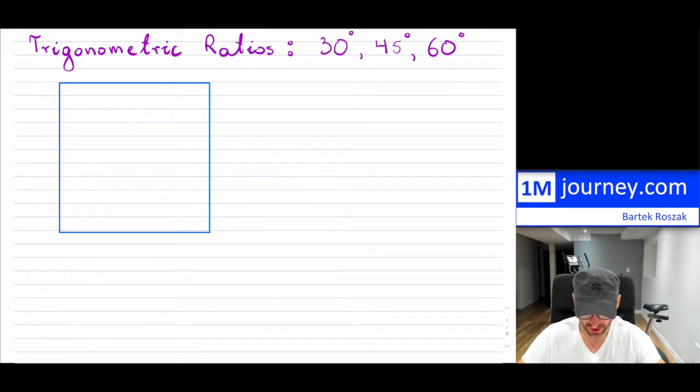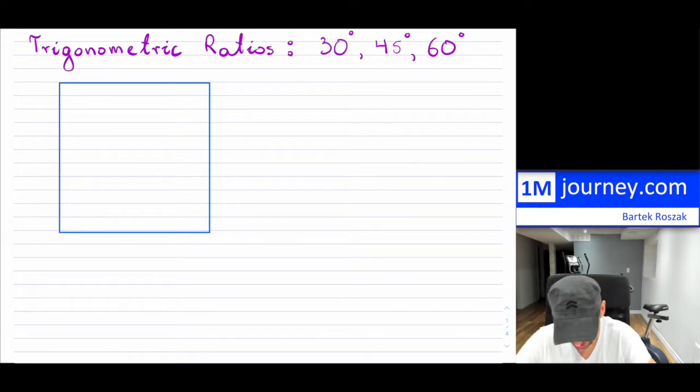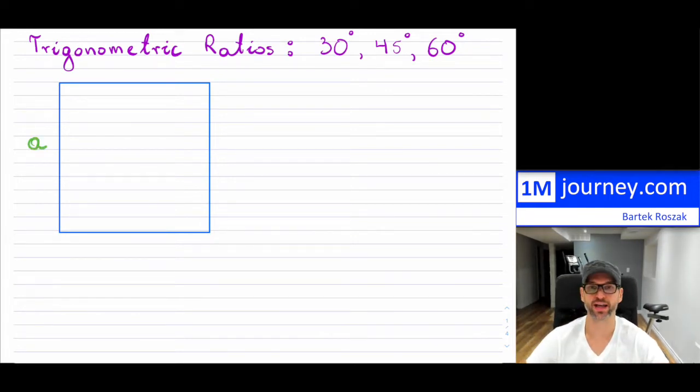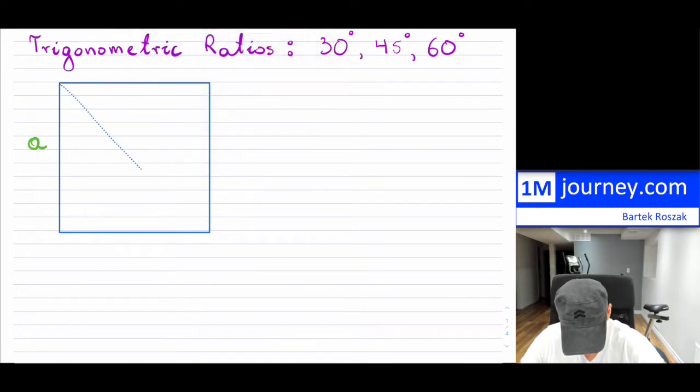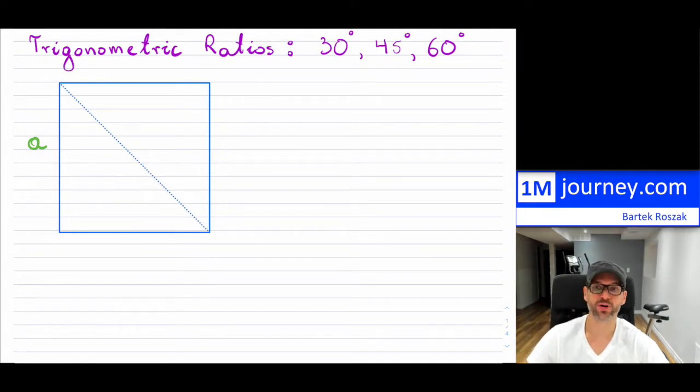If you have a square, and it doesn't matter what the sides of the square are, I can arbitrarily call each side of the square length A. And if you take this square and divide it up, let's say I split it into two equal triangles.